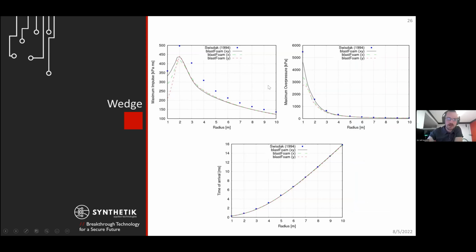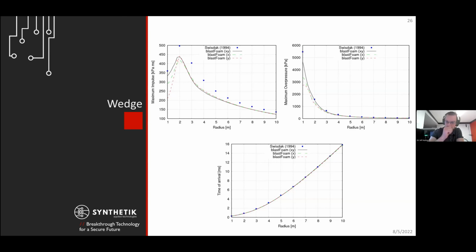So here we have comparisons. We have our maximum impulse, maximum overpressure, and then time of arrival, all versus distance. The impulse is typically over-predicted for the Kingery-Bulmash equations. So it's pretty standard.